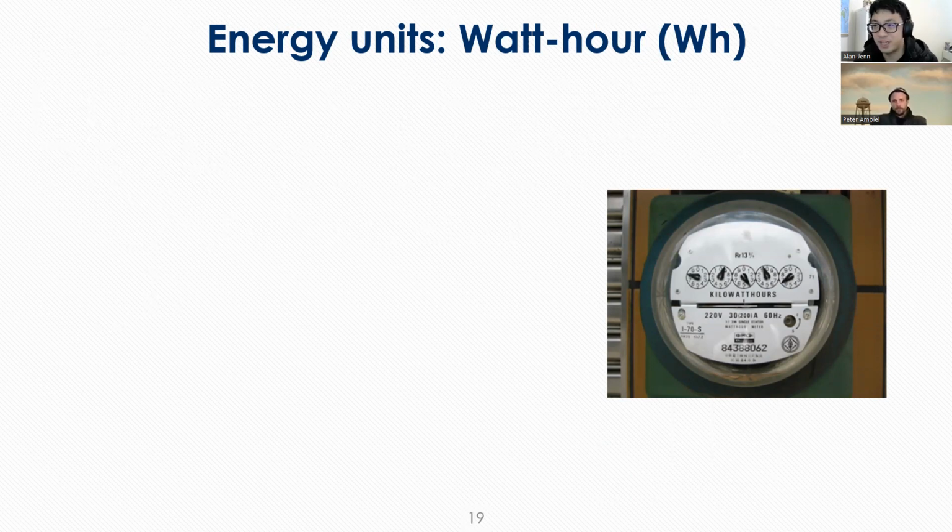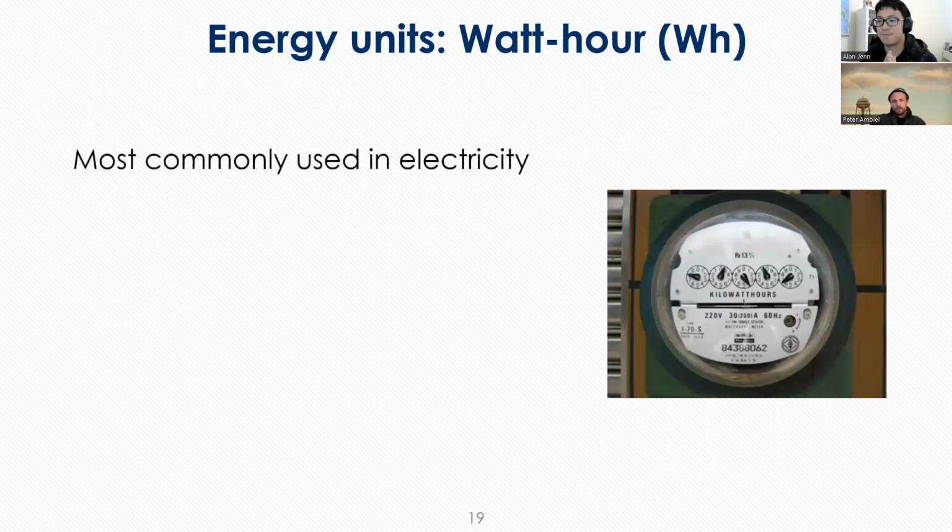I'm actually going to come back to this in a little bit, but I'll quickly cover the concept here. It'll maybe be easier to understand once we get to power and we talk about watts.